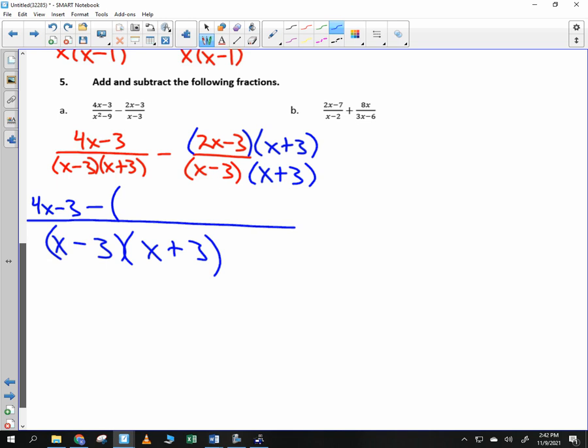It's going to take a little bit of work. 2x times x. 2x times 3. 6x. And negative 3 times x. So that will add to 3x. Negative 3 times 3.